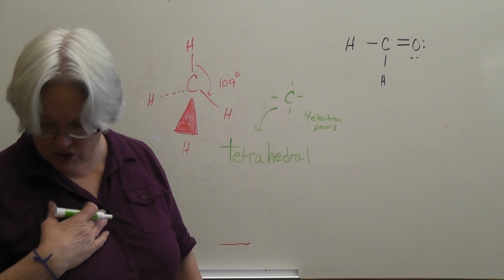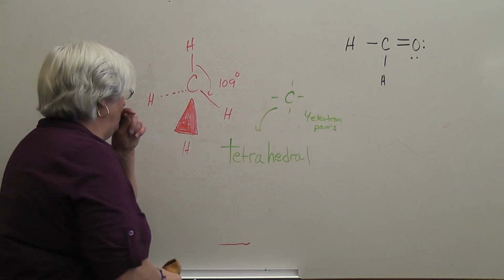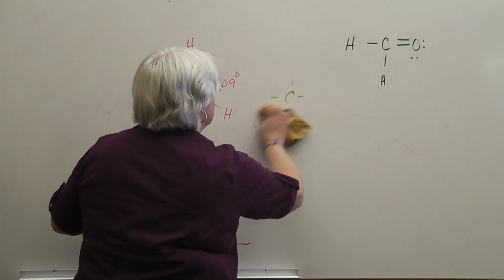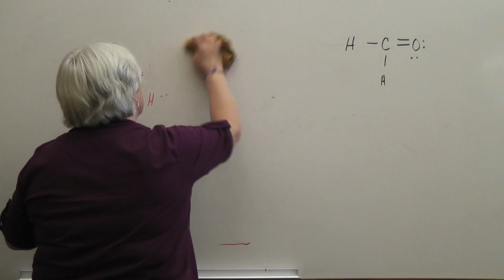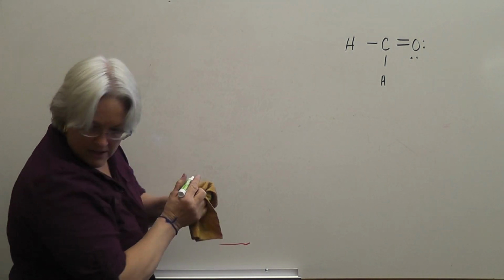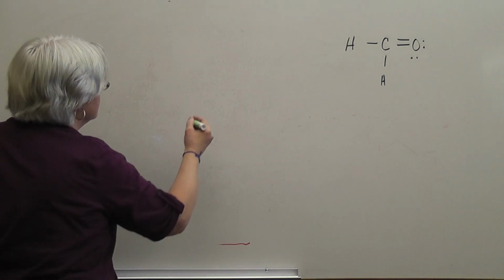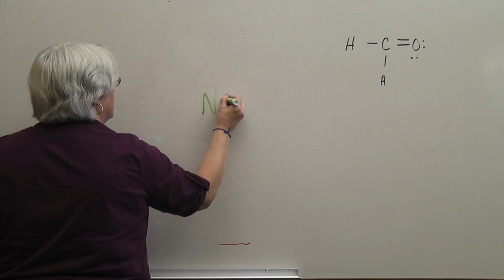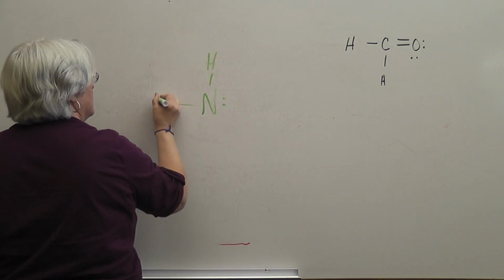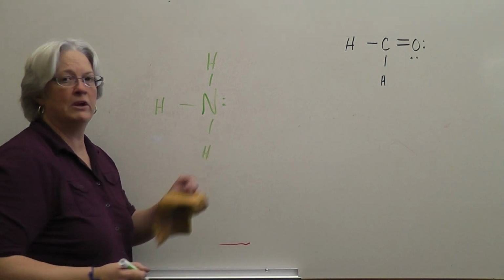Now we've got another shape. This is the ammonia molecule. Ammonia is NH3. So we have N with a bond and a bond and a bond for the 3 hydrogen.